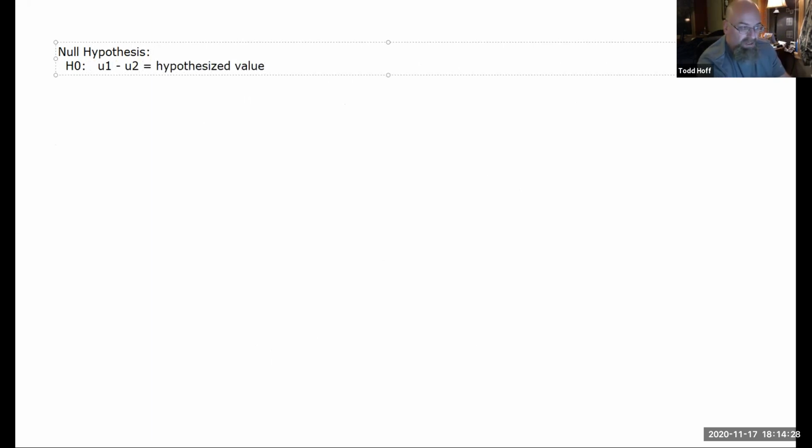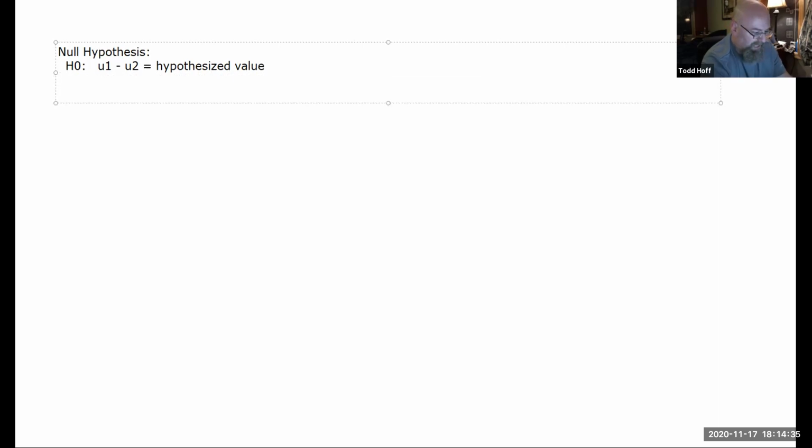So let's actually look at our hypotheses and how our hypotheses get worded. The null hypothesis, I'm just going to use U for mu. H0, the null hypothesis, is always going to be mu1 minus mu2 equals some hypothesized value, whether it's 0 difference or whether there's a minimum difference or maximum difference that's being defined.